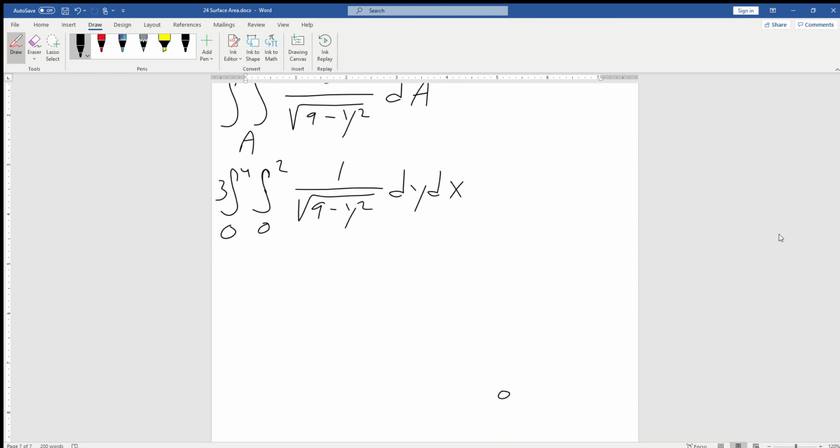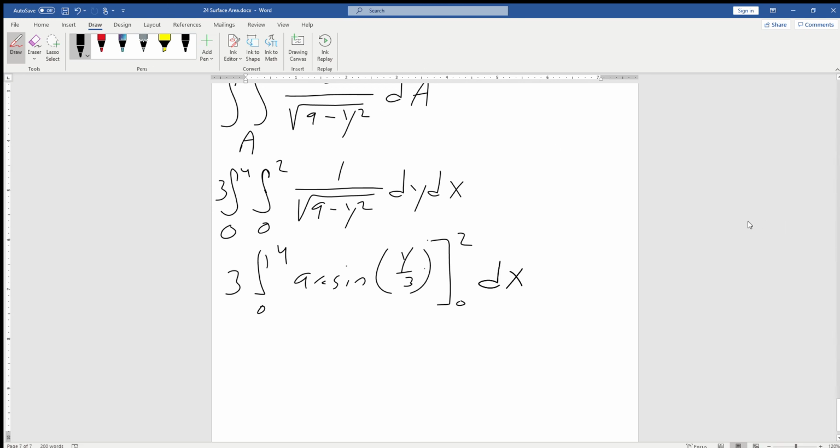Now we're going to end up with, in 3 integrals, 0 to 4, this becomes arcsine of y over 3, and that's going to go from 0 to 2, dx. In fact, we could have just moved the dx inside of the integral as well to make it its own separate integral.